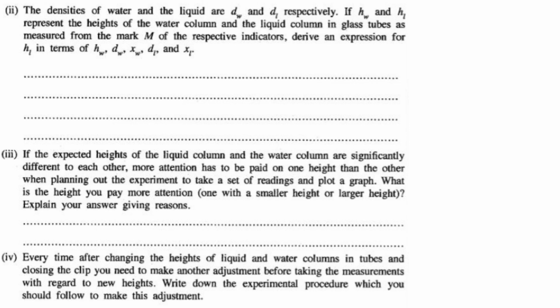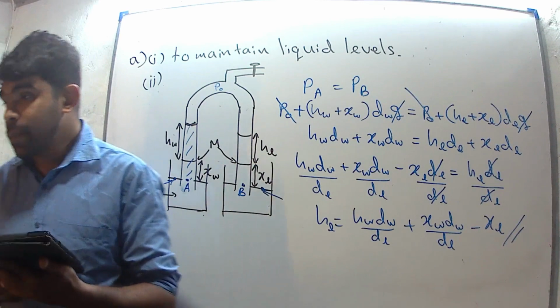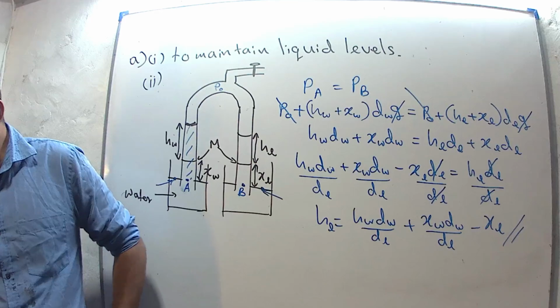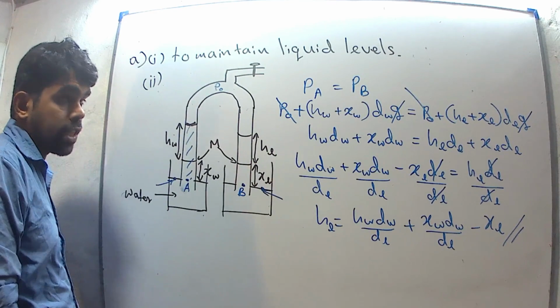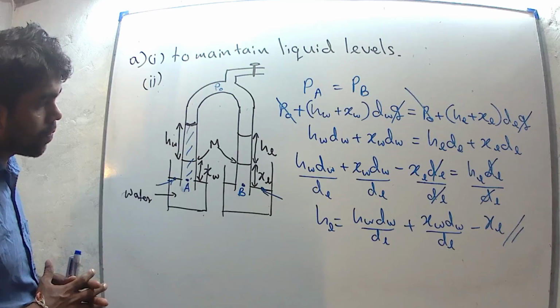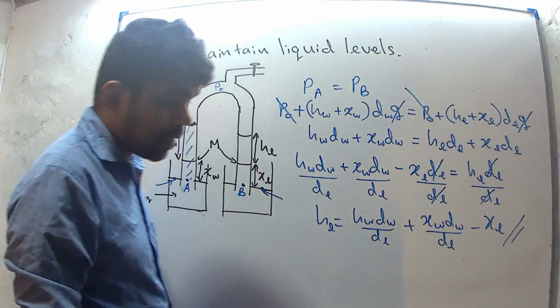Which height do you pay more attention to, the smaller height or the larger height? Explain your answer and give reasons. We have to consider the larger height because it will reach the maximum height of the tube first. When getting a range of values, we have to consider the large height.